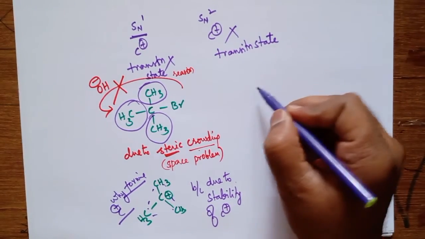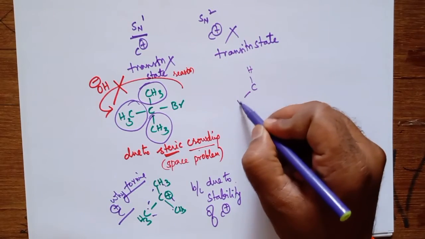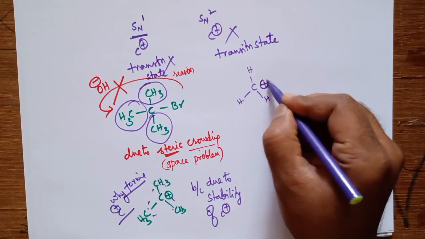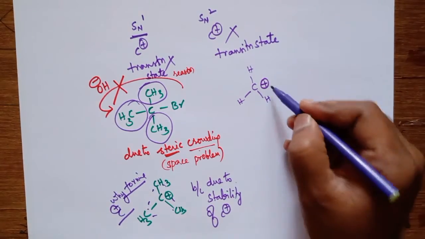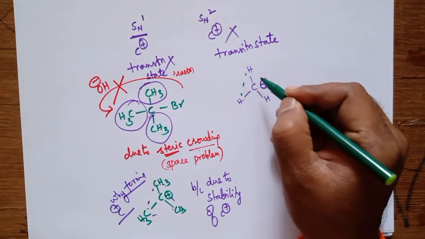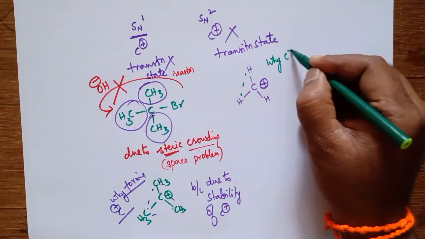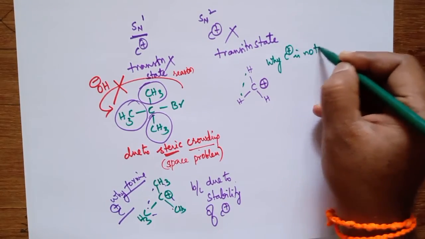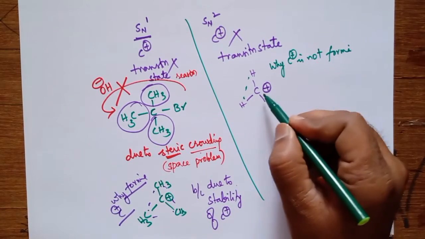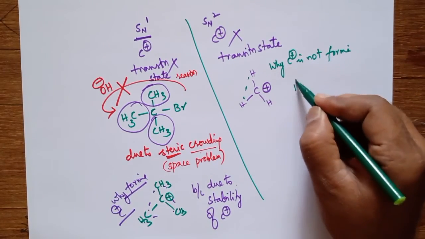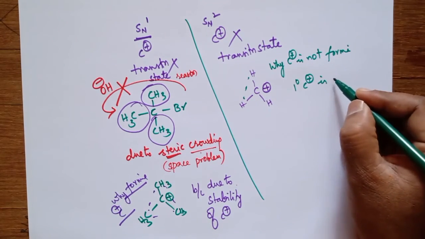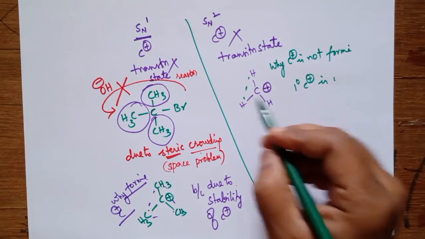Right. So in the SN2, why is it not forming the carbocation? Why is the carbocation not forming in the SN2? Because if it forms the carbocation, it is a primary carbocation, and there are no donating groups.